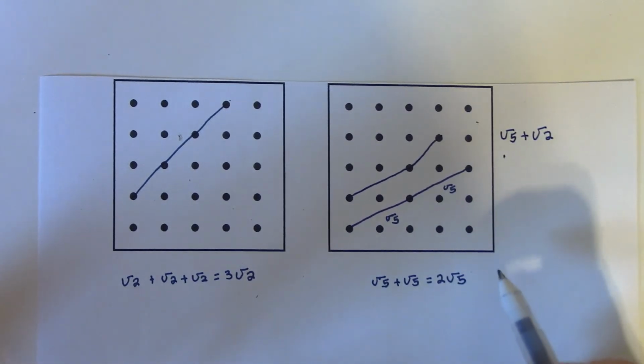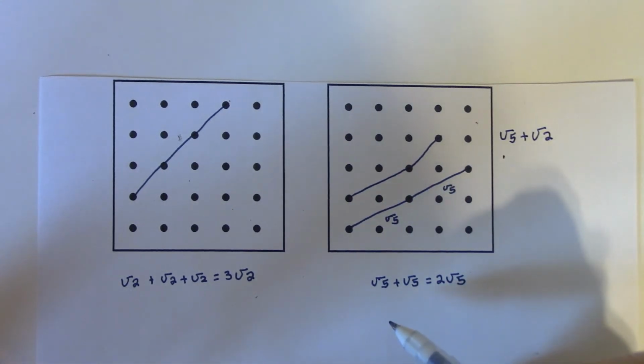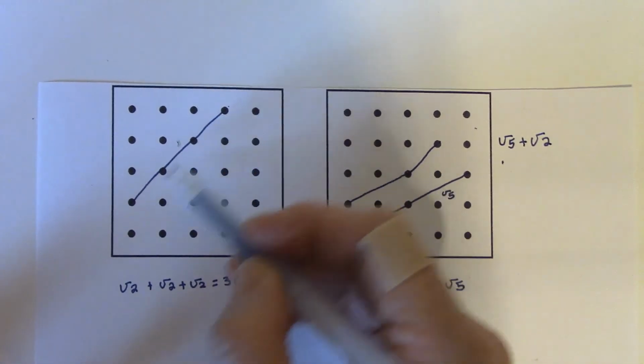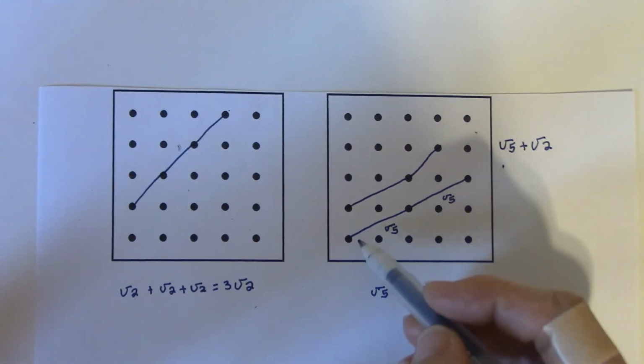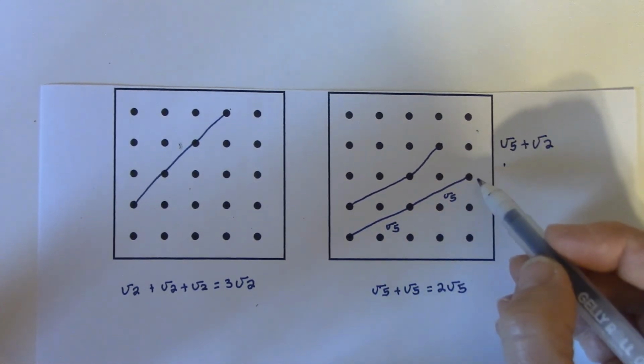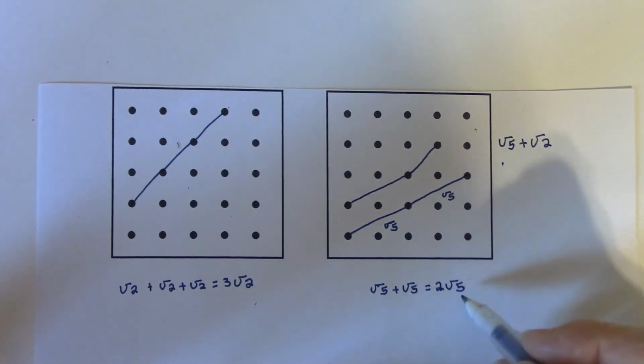What do I get? And you notice what I get is a crooked line. Here, it's a nice straight line. I can add them together because they're the same. Here, I can add the square root of 5 and the square root of 5 together because they're the same. So I get 2 of them because they're square roots of 5.